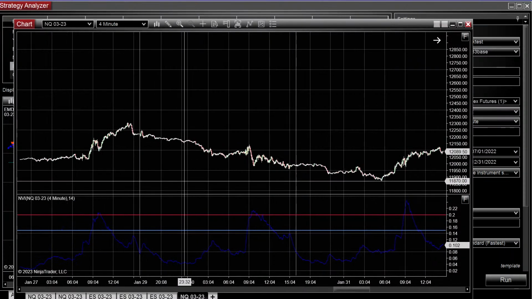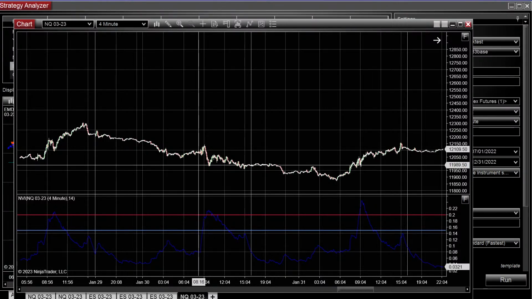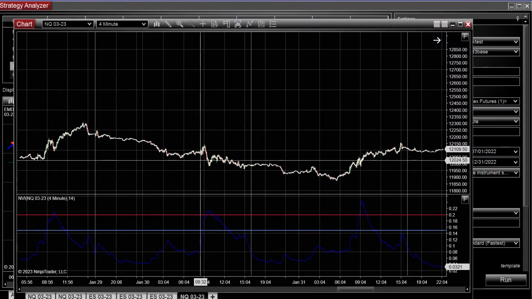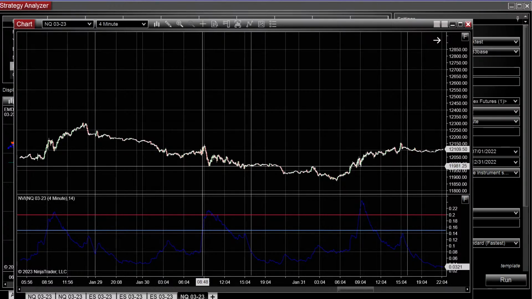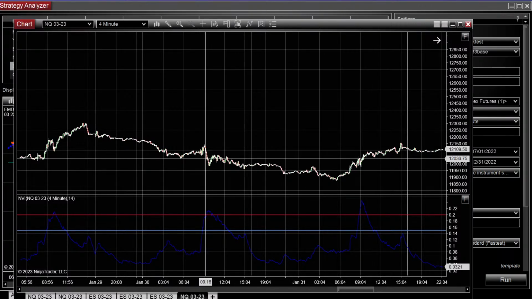Let's go to the previous opening range, or the previous open. And you see that it's pretty much the same pattern each day for when the market opens. So it's from 8:30 to 9.